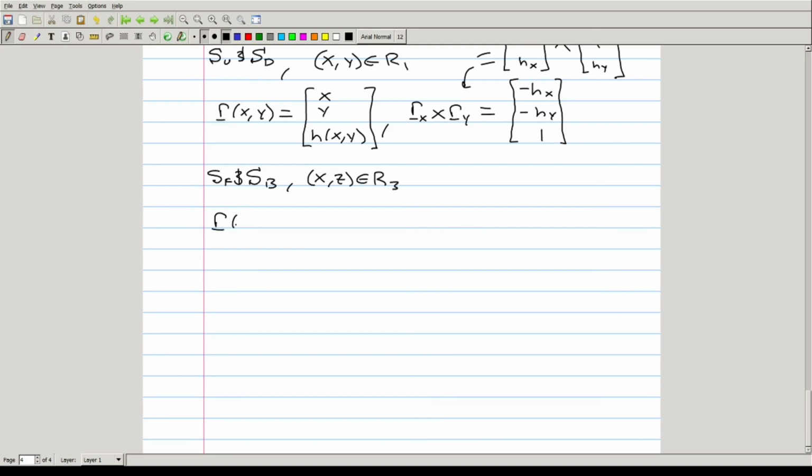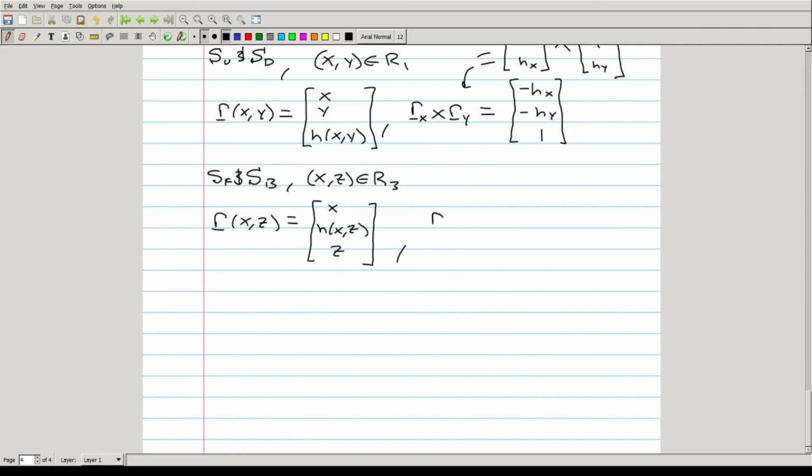And so our parameterization is r(x, z) equal to x, then some function h of (x, z), which is like our function y_front and y_back from before, and then the z coordinate is the best parameterization in terms of Cartesian coordinates.